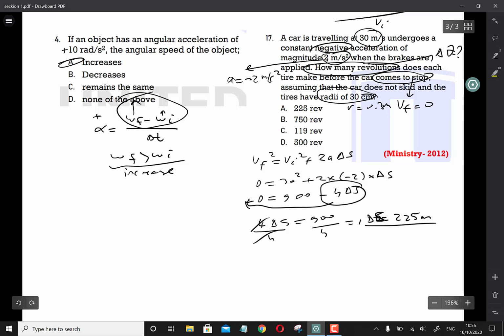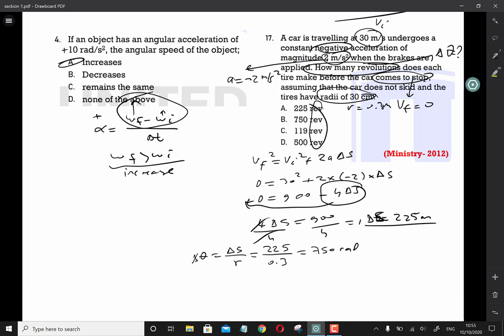Delta S is the distance traveled by the car, and it is also the arc length rolled by each tire. If the arc length is given, we can calculate angular displacement delta theta by delta S over R. Delta S we calculated is 225. R is 0.3. This division gives 750 radians. We haven't finished the solution because the choices are given in revolutions.